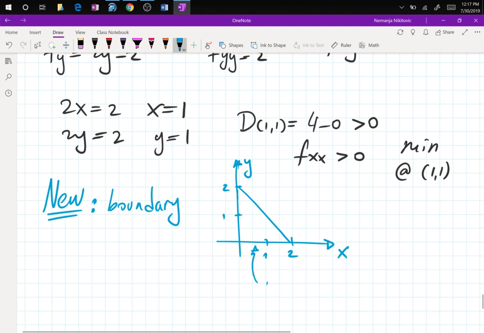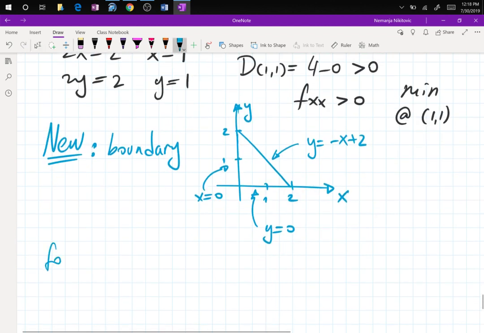This side is y equals 0. This side is x equals 0. And this side over here is y equals negative x plus 2. So I have 3 equations which bound my shape. Now, because I have 3 sides and 3 equations, I have to calculate 3 Calculus 1 optimization problems along each one of the sides.